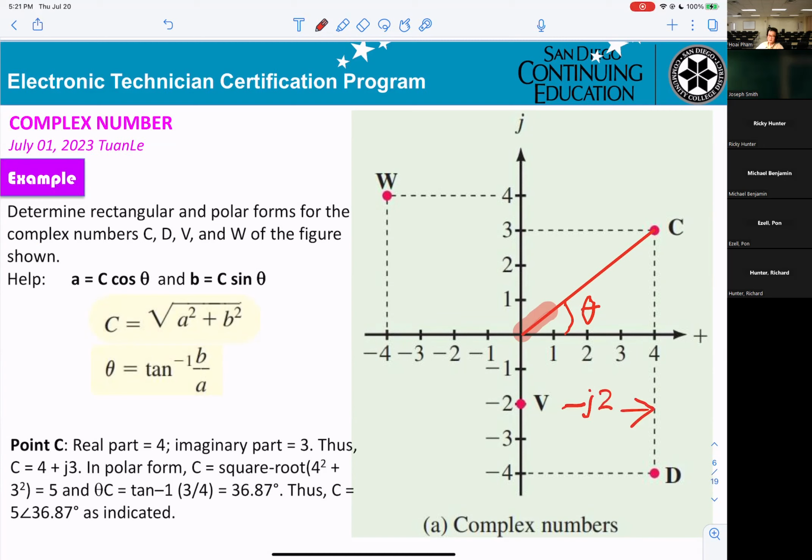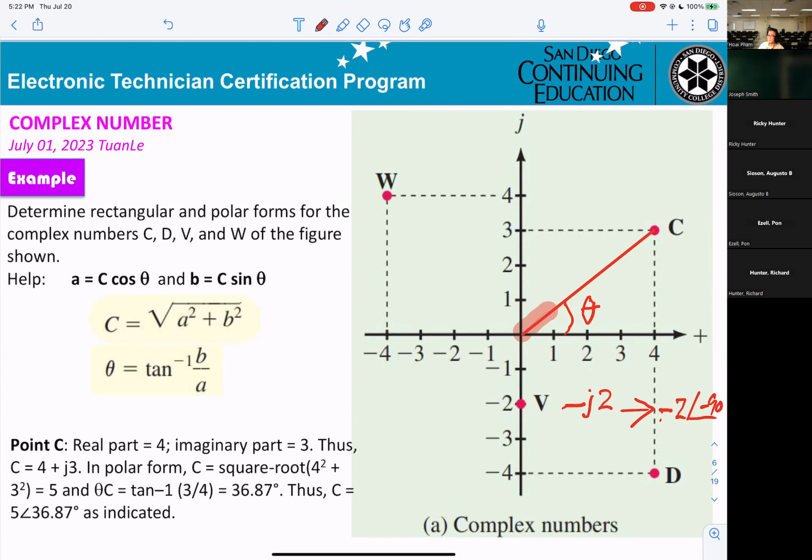However, I want a complete form for the polar. 2 at minus 90 degrees. Sure, 2 at minus 90.